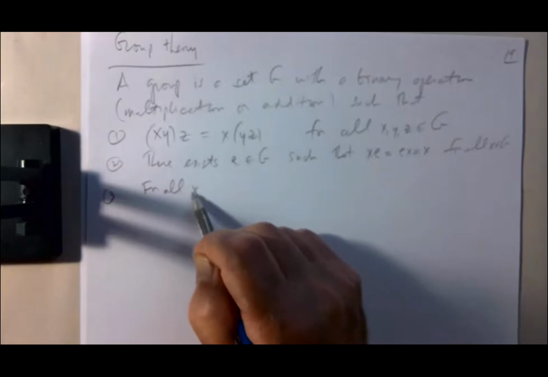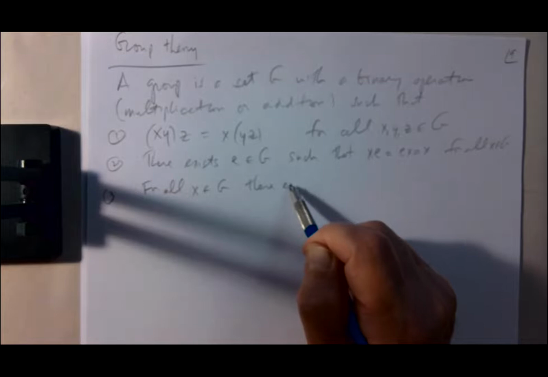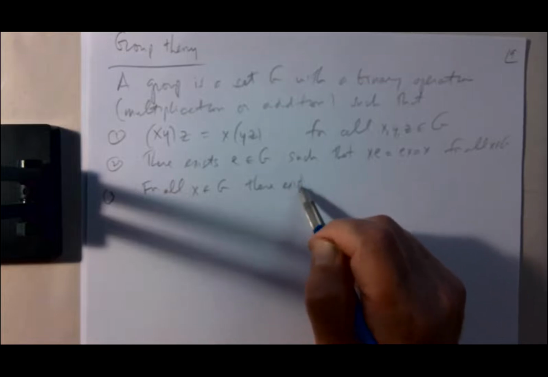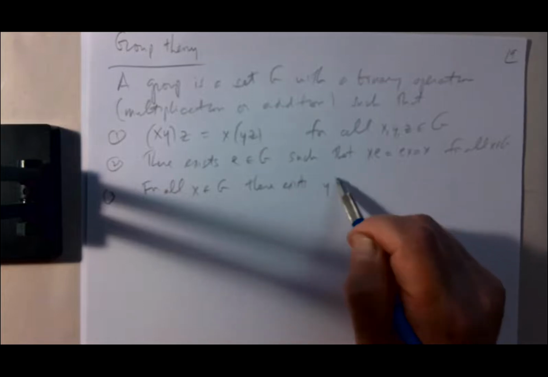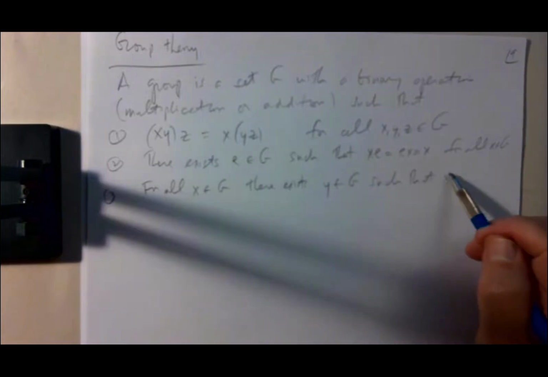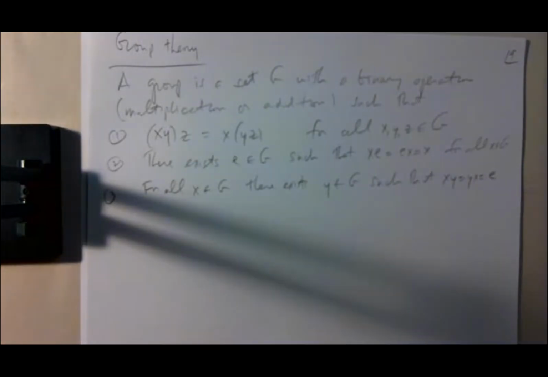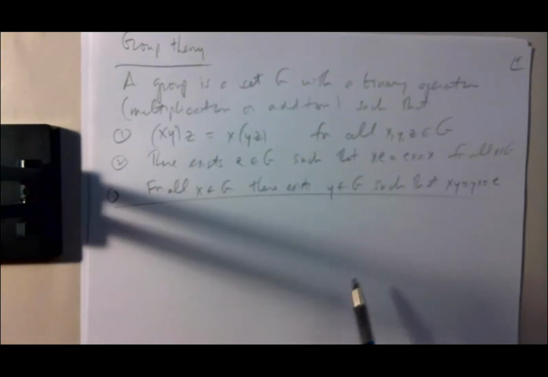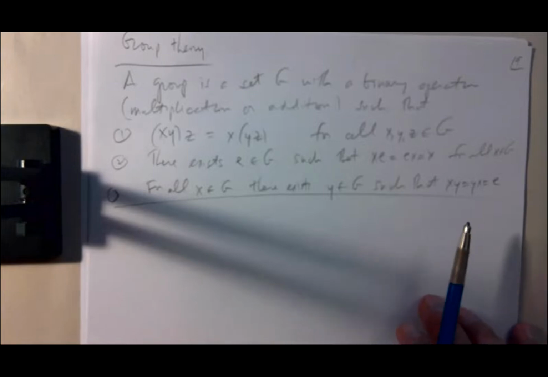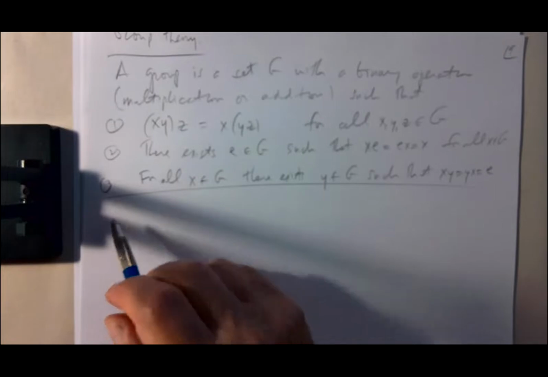For all elements x in the group, there exists an element y in the group, such that xy and yx equal the identity. So anything that satisfies these properties is a group.